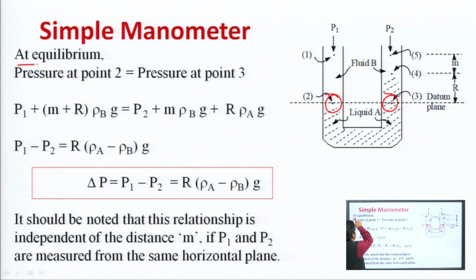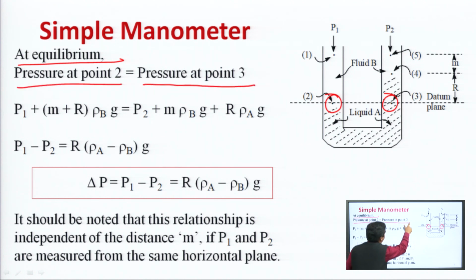Now, at equilibrium, or during steady state, the pressure at point 2 will be equal to the pressure at point 3. What is the amount of pressure exerted at point 2? It is the sum of the pressure at point 1 along with the pressure applied by this fluid B to this point.